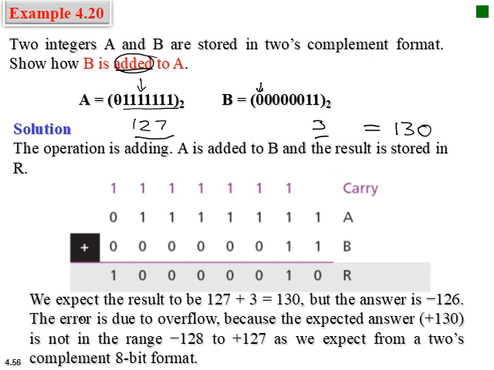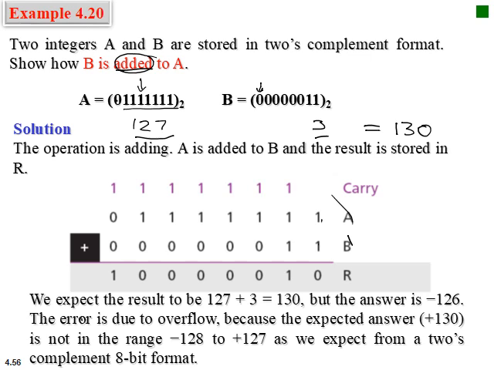Now if we follow this process, let's see what happens. So the addition is add, so nothing special has to happen with b. We simply take a and b, exactly as it is on top, and we do the bitwise addition.